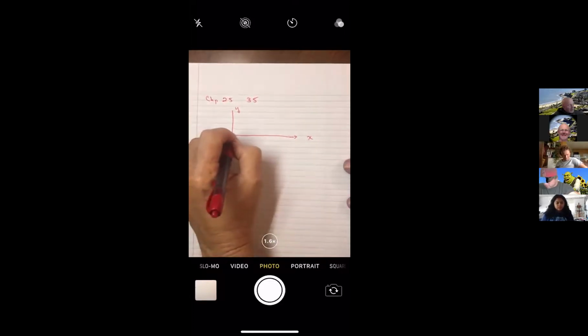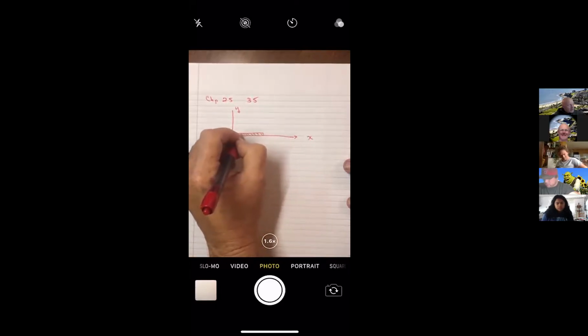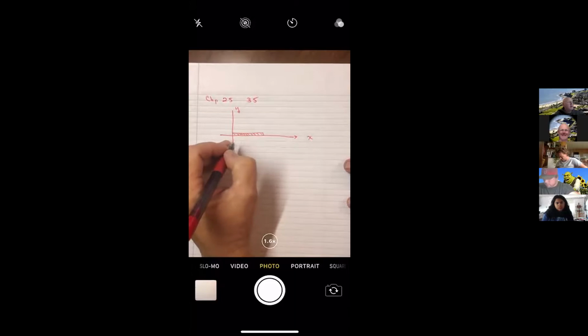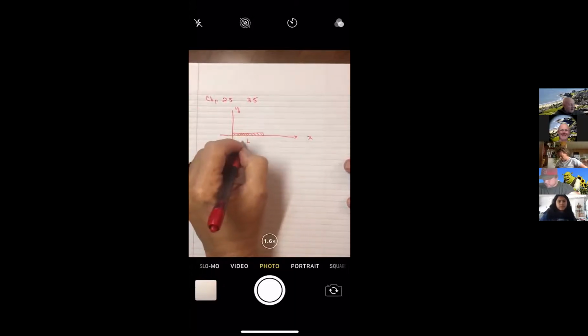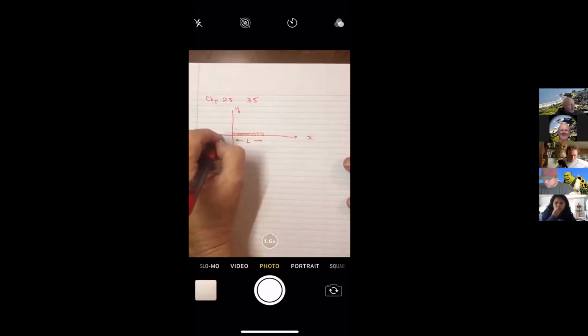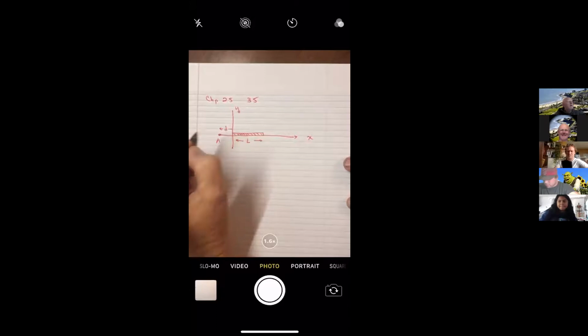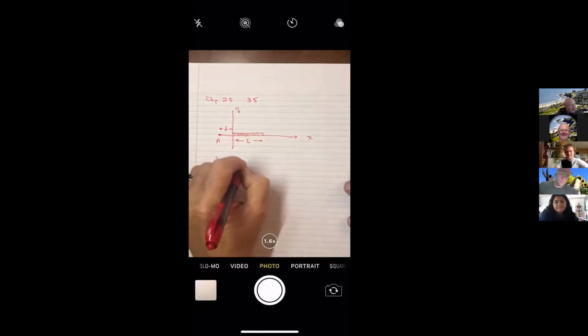The rod is along the x-axis with the origin at the left end of it. It has a length of L. There's a point A that is a distance D away from the end of the rod, on the other side of the origin.